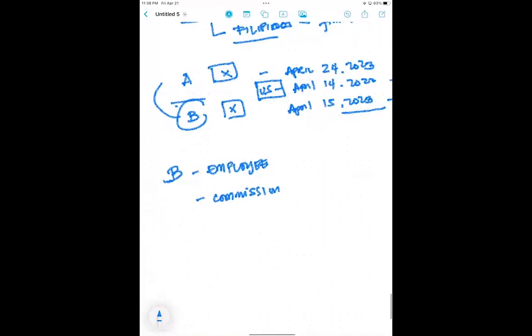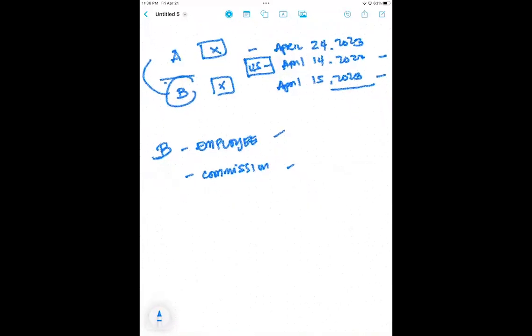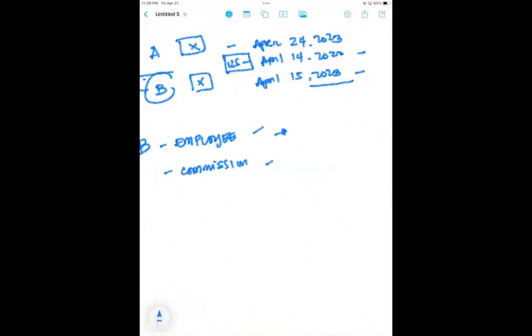This is the application of Section 30, inventions created pursuant to employment or commission. Now, it is very important to distinguish employment from commission. And that is easy, right? The labor law topic, the employee-employer relationship. If there is such an employee-employer relationship, then that is employment. If there is no employee-employer relationship, then that is merely commission.